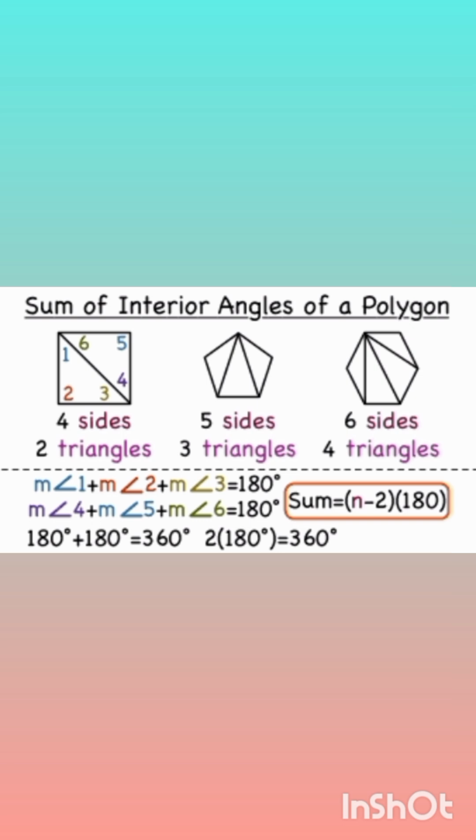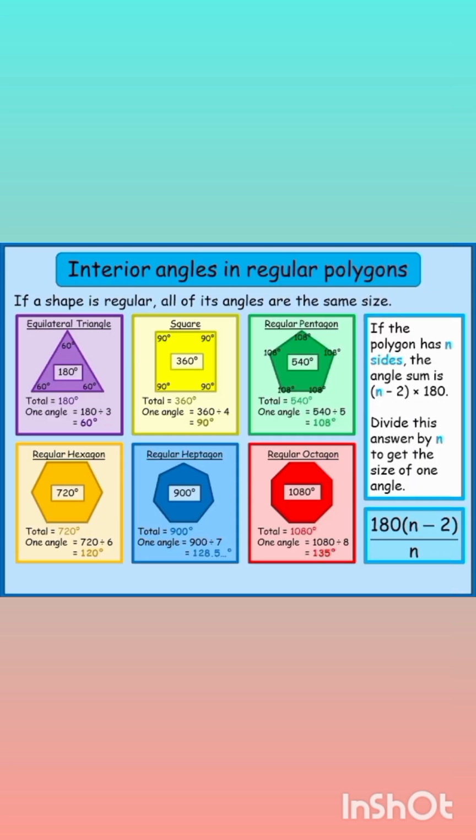If n is the number of sides, n minus 2 triangles can be formed. For example, if this is a six-sided polygon, the number of triangles will be 6 minus 2, that is 4 triangles. So if it has 4 triangles, the sum of inner angles will be 4 into 180 degrees.